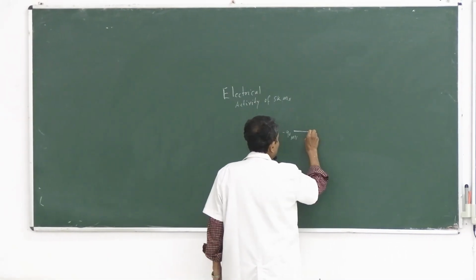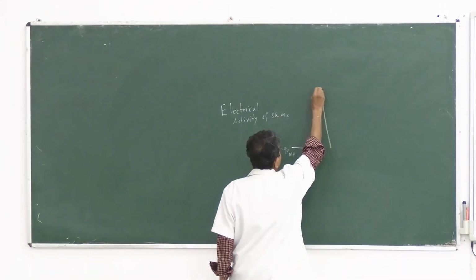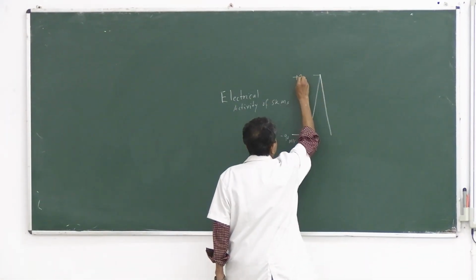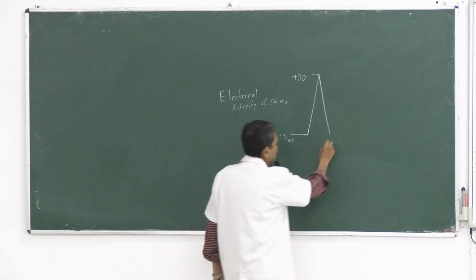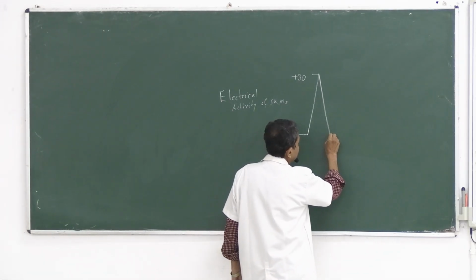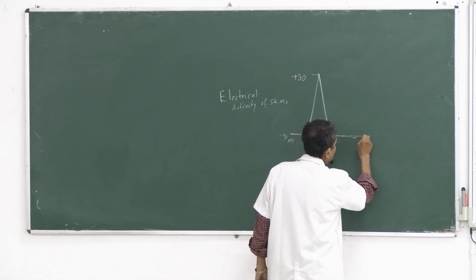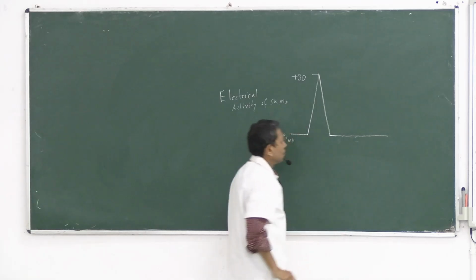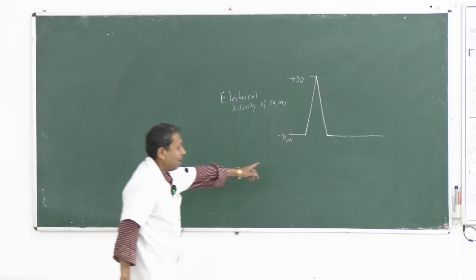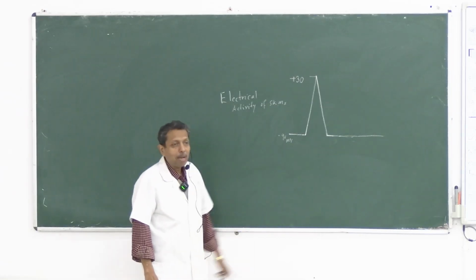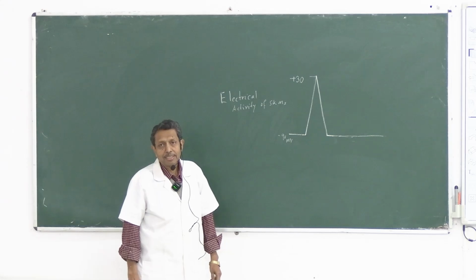And if it is the action potential, it reaches the value of plus 30. For the sake of simplicity, we excluded the after-depolarization and after-hyperpolarization. Now this is the action potential, the spike potential or monophasic action potential of a typical skeletal muscle.